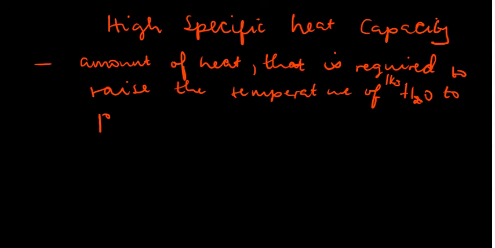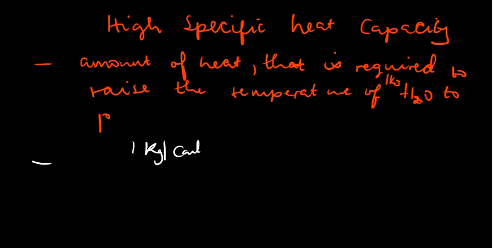When you know this definition, automatically you're going to connect with why water has a high specific heat capacity. So if we say the specific heat capacity of water is 1 kilogram per calorie, let's just assume these are the units.